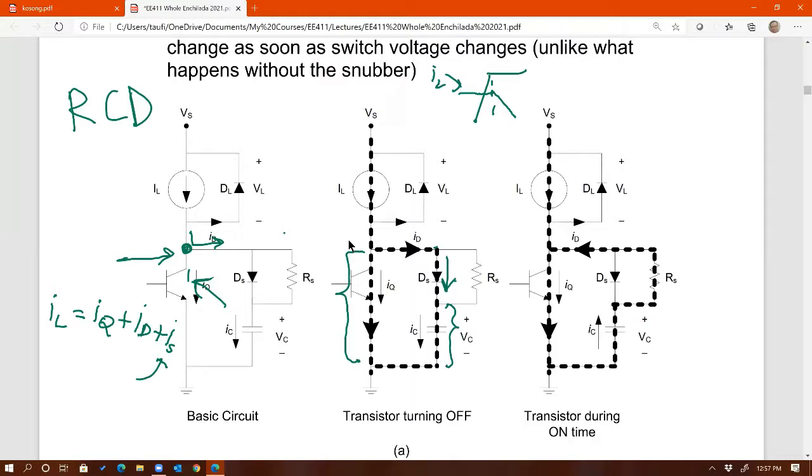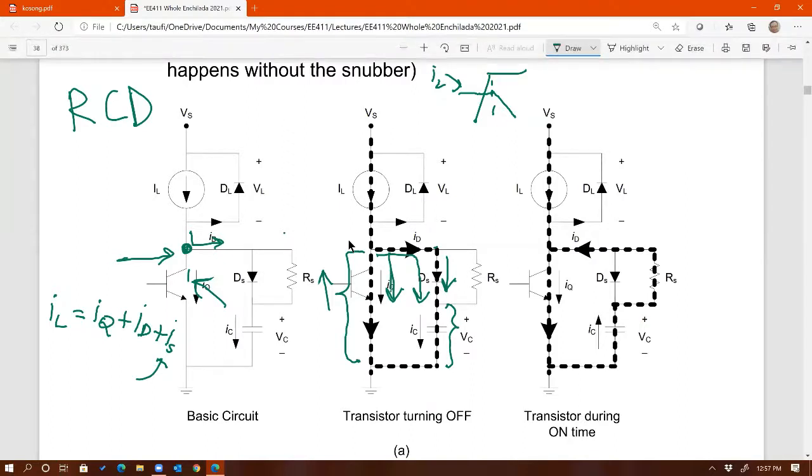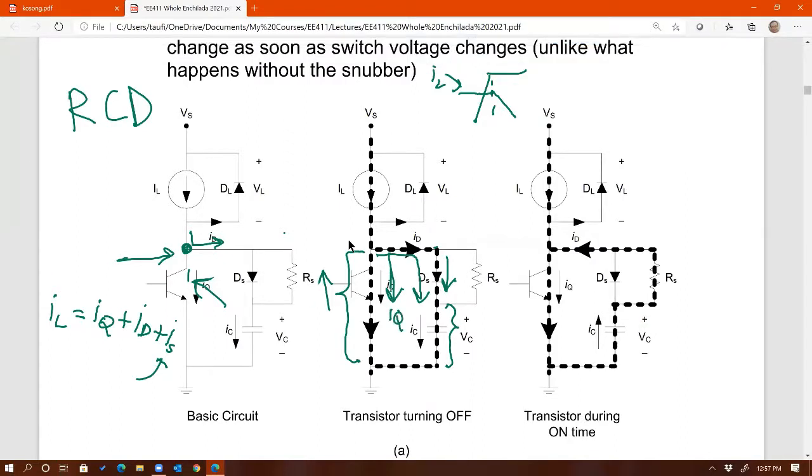So as soon as this voltage rises, you are forcing current to go this way. Now you have two currents. You see that right there? So that means current can also change. This is IQ and this is VQ. So as VQ goes up, IQ can go down at the same time. The remaining current goes through the capacitor to charge the capacitor.